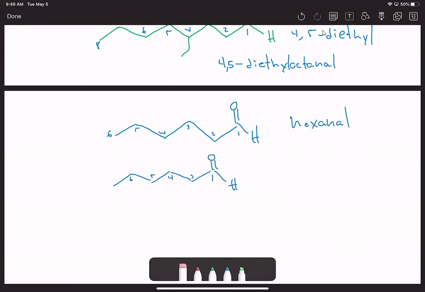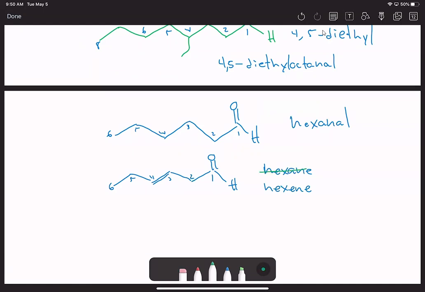Oh, misnumbered. Well, instead of hexanal, we have to go from hexane, and there's a double bond in here, so it's hexene.